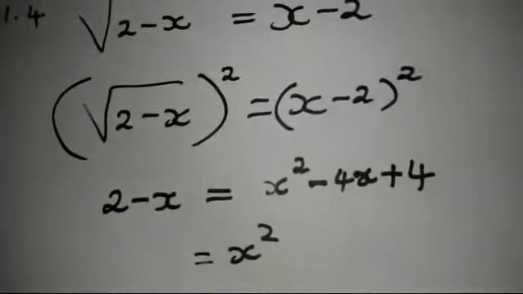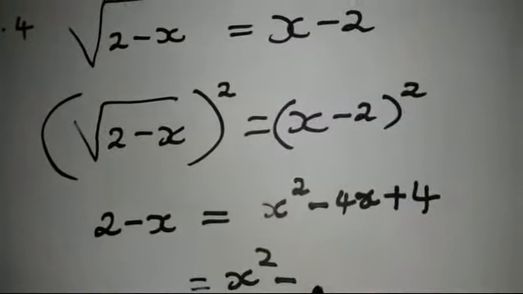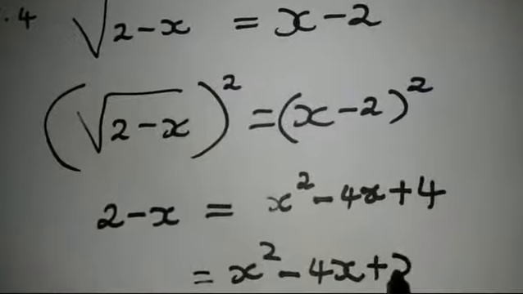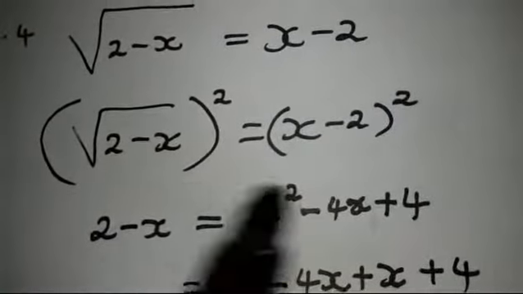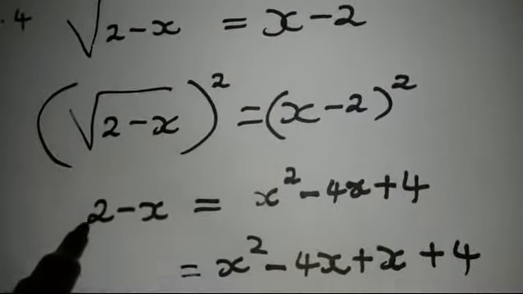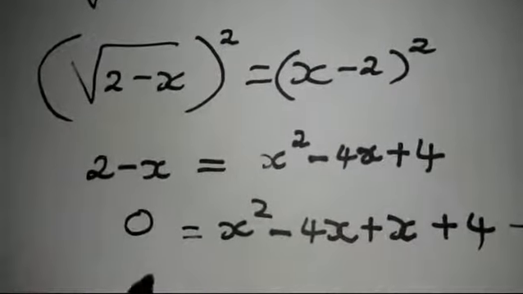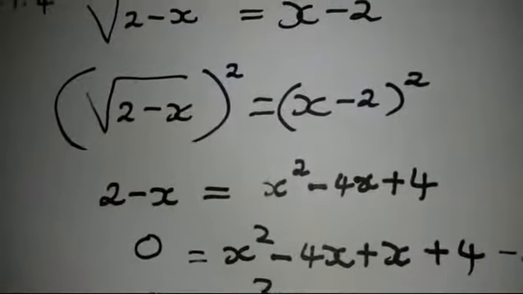Then we take the x to the other side, so it becomes -4x plus x, plus that 4 over there, and then you take the 2 to the other side, so it becomes a negative 2. This simplifies and becomes as follows.